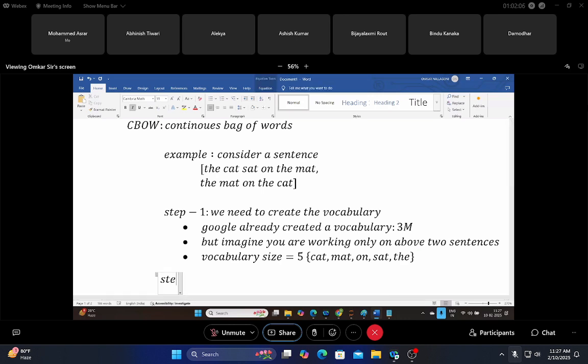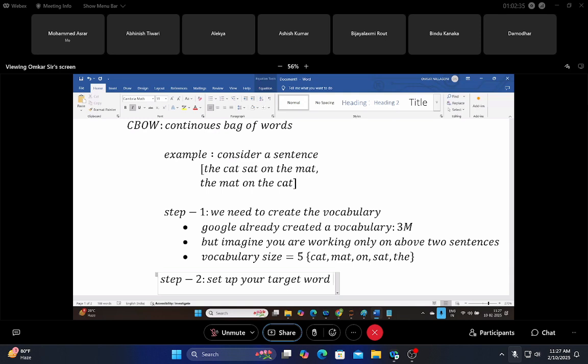Step number 2. Set up your target word. You can take any word: mat, cat, or on.